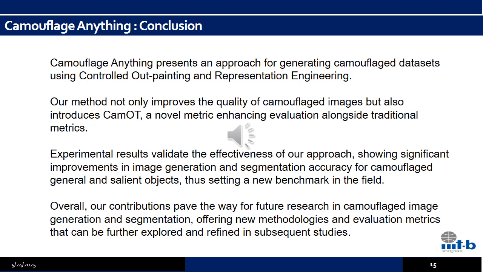Experiment results validate the effectiveness of our approach, showing significant improvements in image generation and segmentation accuracy for camouflage generic and salient objects, thus setting a new benchmark in the field. Overall, our contribution paves the way for future research in camouflage image generation and segmentation, offering new methodologies and evaluation metrics that can be further explored and refined in subsequent studies.